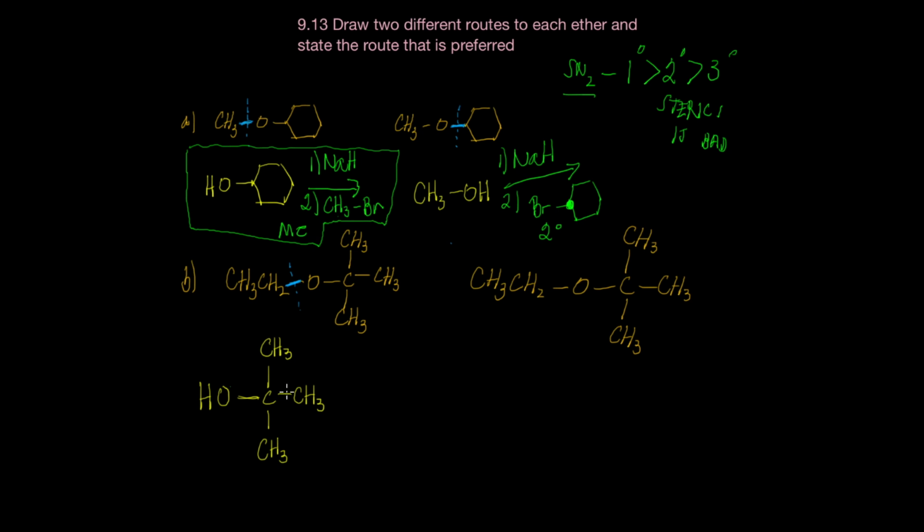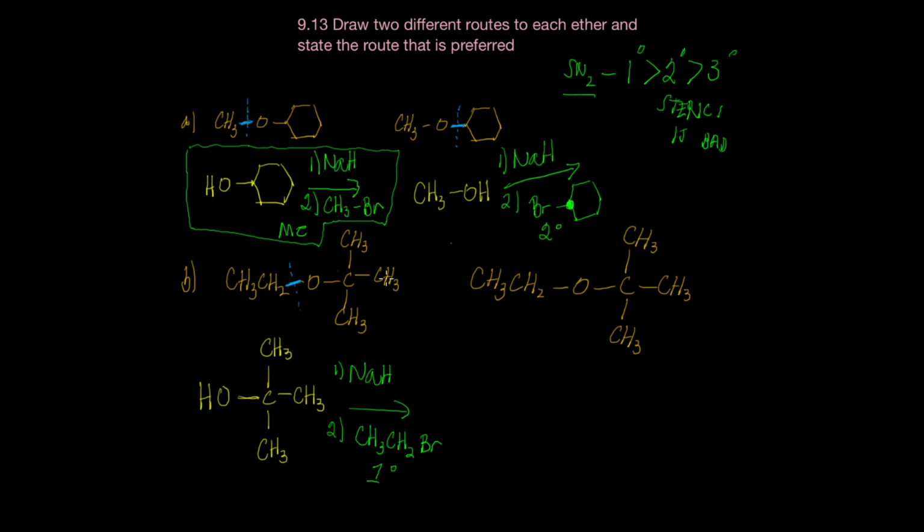What we would do is treat this with sodium hydride. Always use step one and step two here. And we would treat that then with the alkyl halide of the other alkyl group. This is 1-bromopropane, and this is a primary alkyl halide.